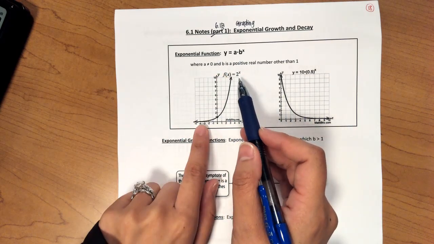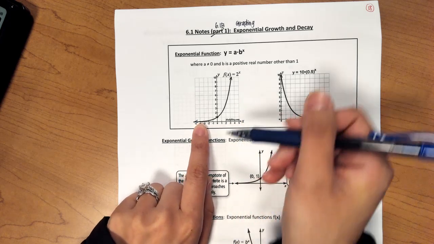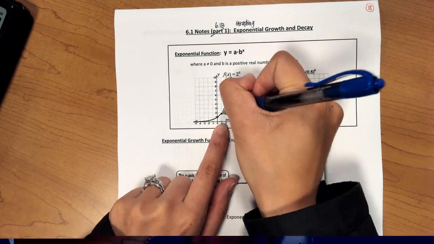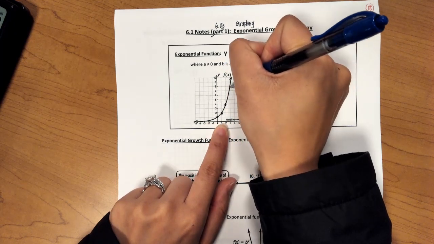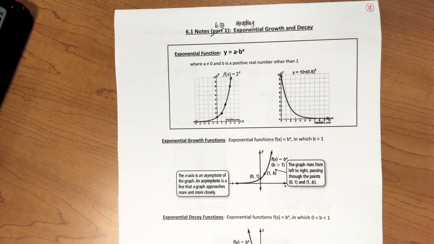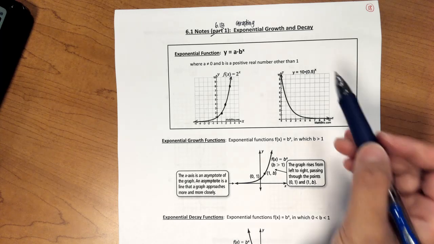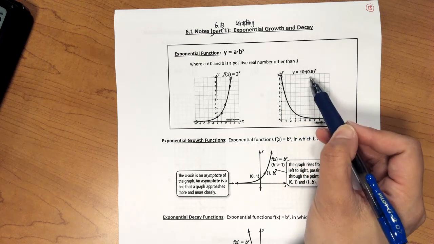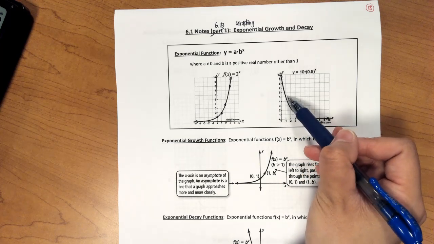So take a look. If I have 2 to something power, start at 1, it doubles, right, to 2, to 4, to 8. That's the exponential function we've been following. If it's less than 1, what happens is that you're dividing, right? So this is 1/2, which means you're multiplying by 1/2.